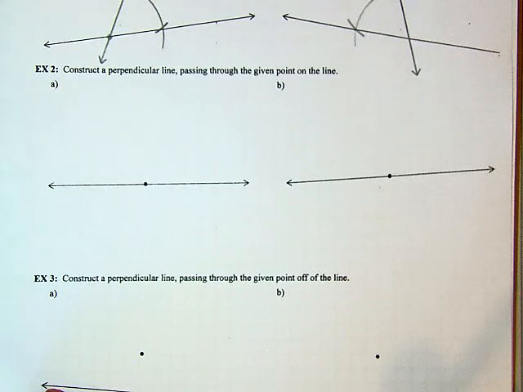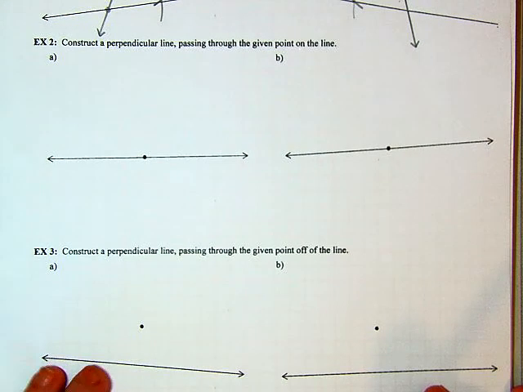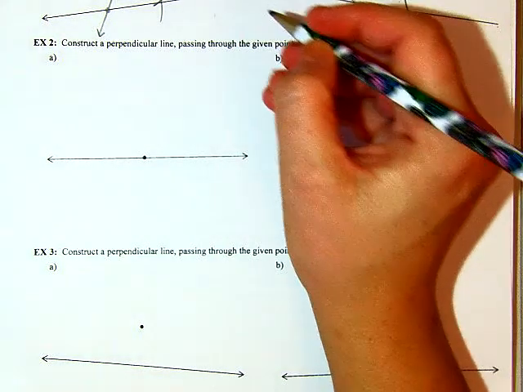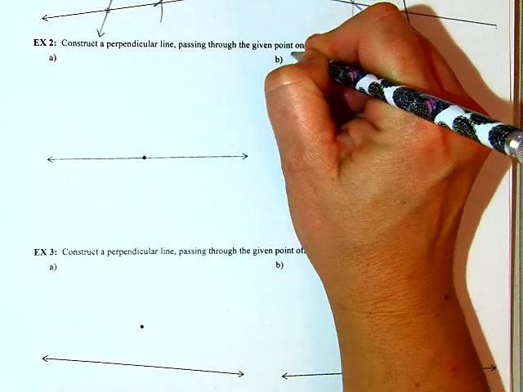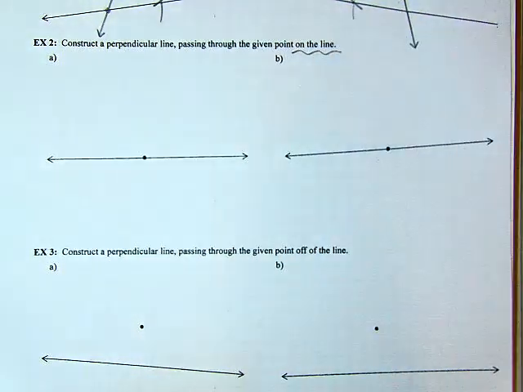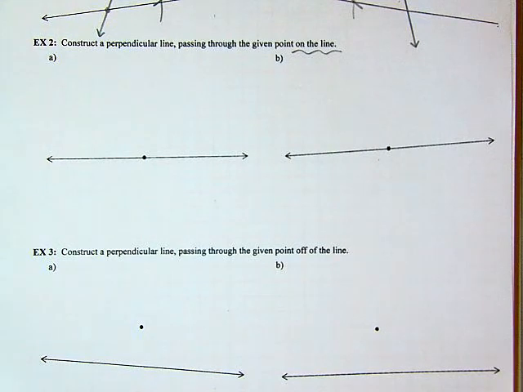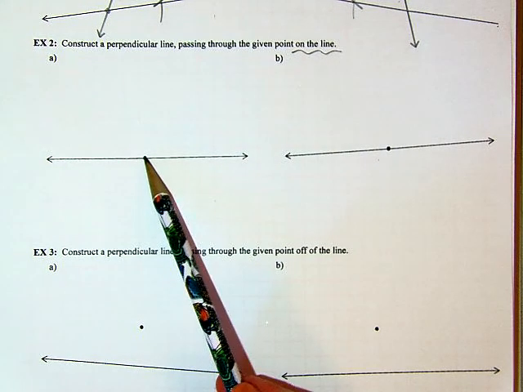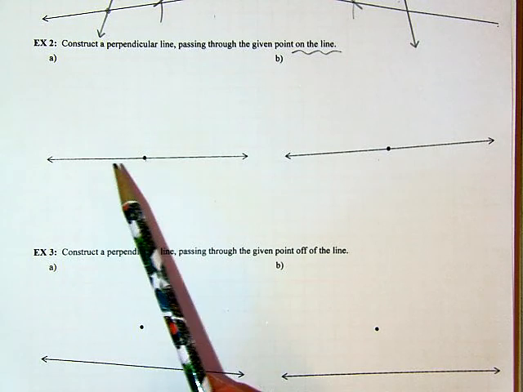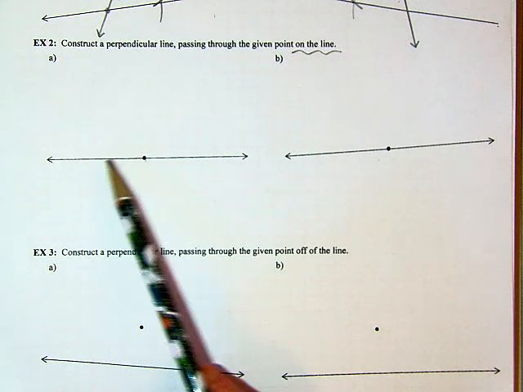Now the perpendiculars. So we have 2 variations of this. So perpendicular with a point on the line. Let's start with that one. All right, so the first thing that I need to do is I need to make an initial arc. I need to have my needle right here on the point provided that passes through both sides of the line.